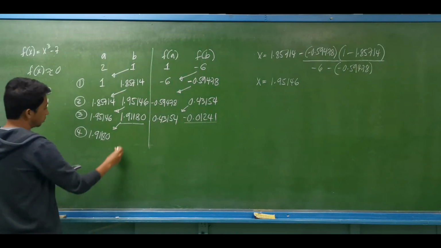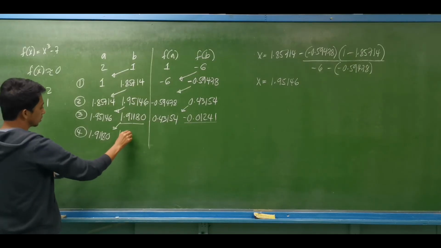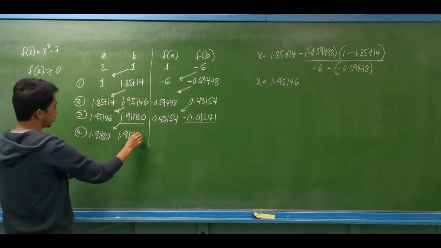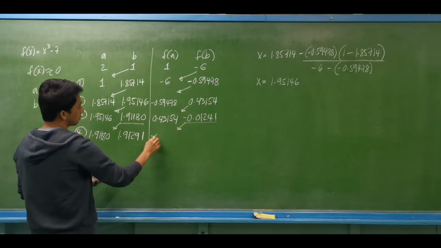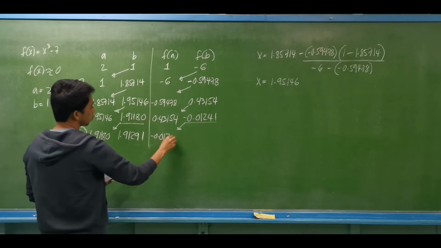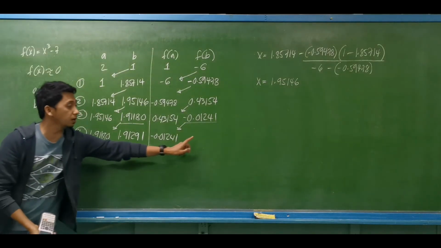Okay, so we now have the new value of x, or this is the same as the new value of b, 1.91291. So moving this value here, this is negative 0.01241. We are using this value to determine the new value of b.